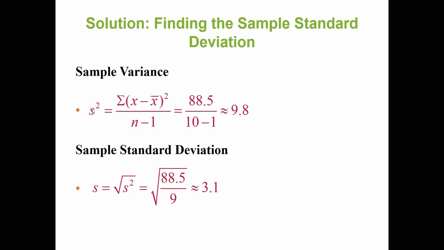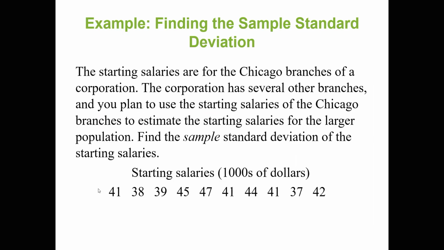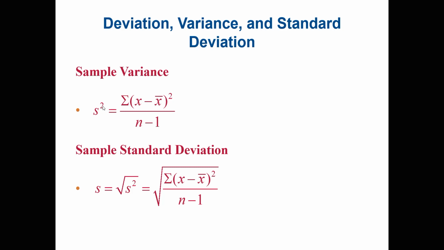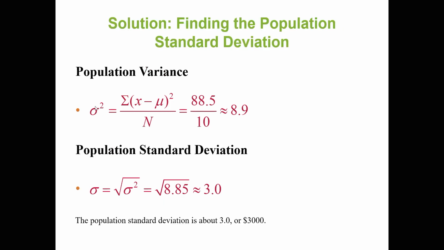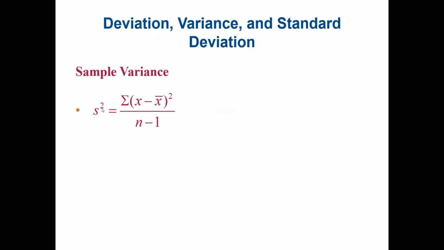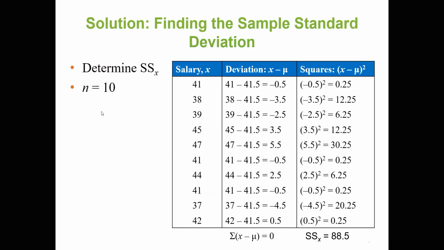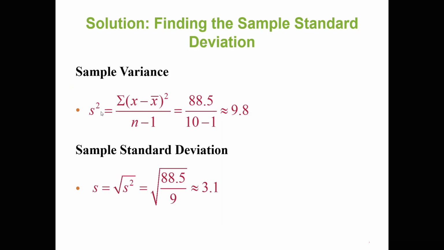So you are using S when you are dealing with the sample variance and sample standard deviation, but when you are dealing with the population variance and population standard deviation, you are using sigma. Okay, it's a Greek letter. You use sigma when it's population, but when it's sample, you use S.